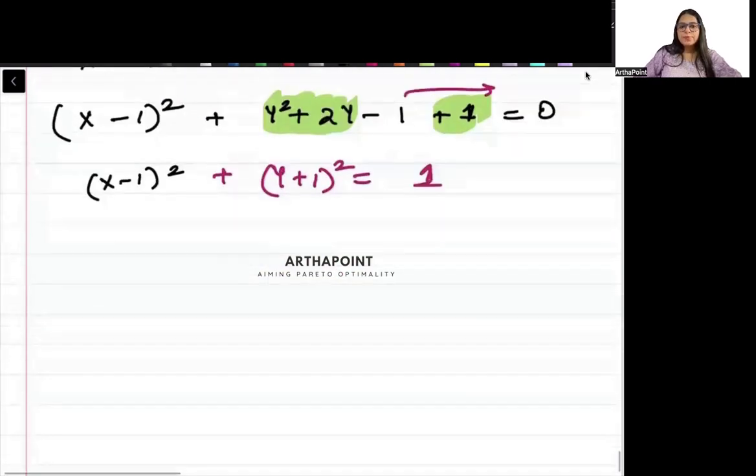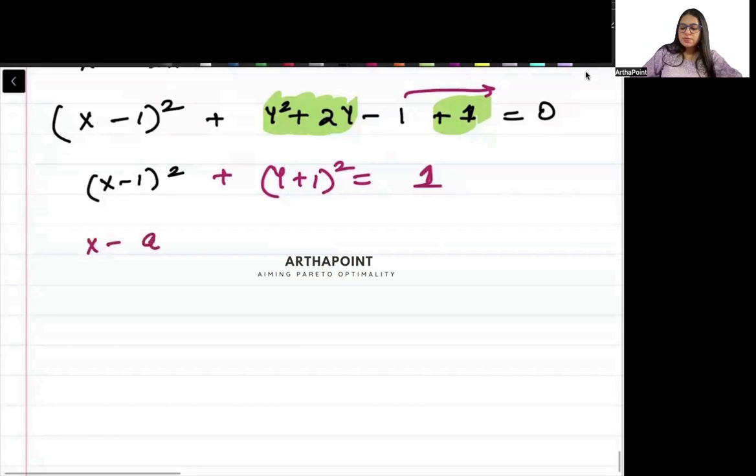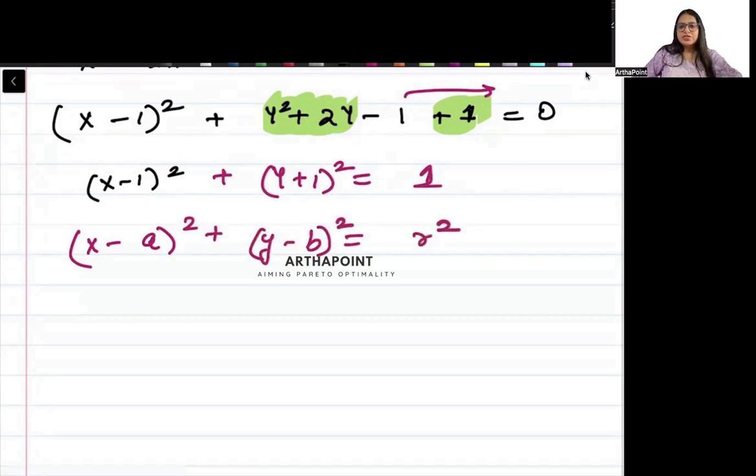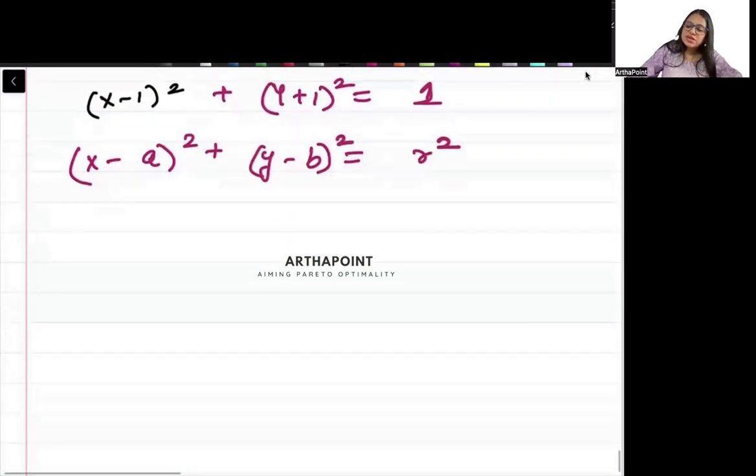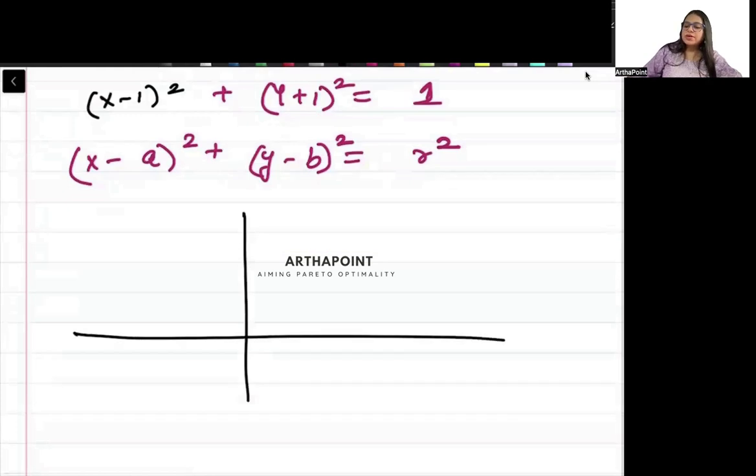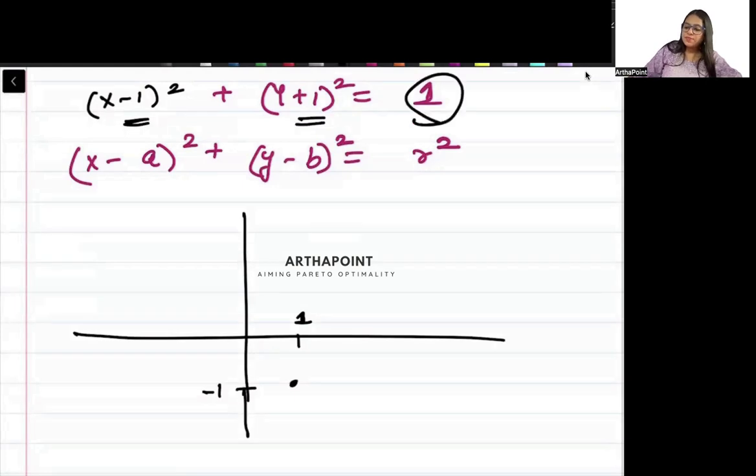If you notice here, this is giving me x minus a whole square plus y minus b whole square is equal to r square. It looks very similar to the equation of a circle, beta, with the center at x is 1, y is minus 1, and the radius of 1. So this is how your circle will look. Is this clear? So this looks like a circle.